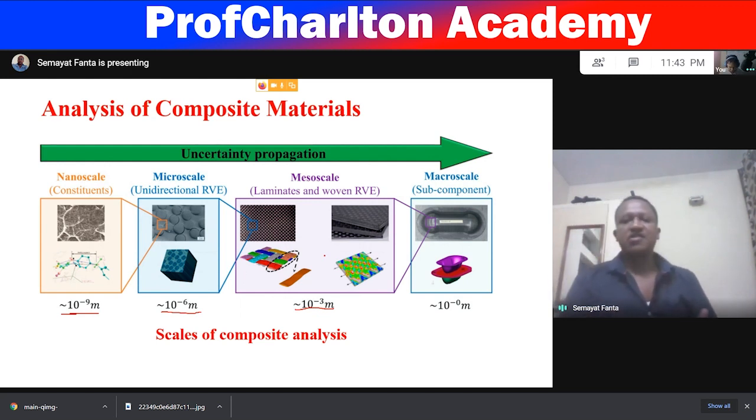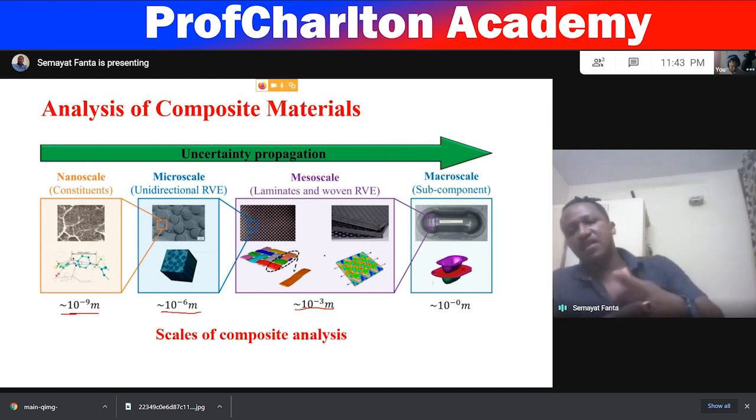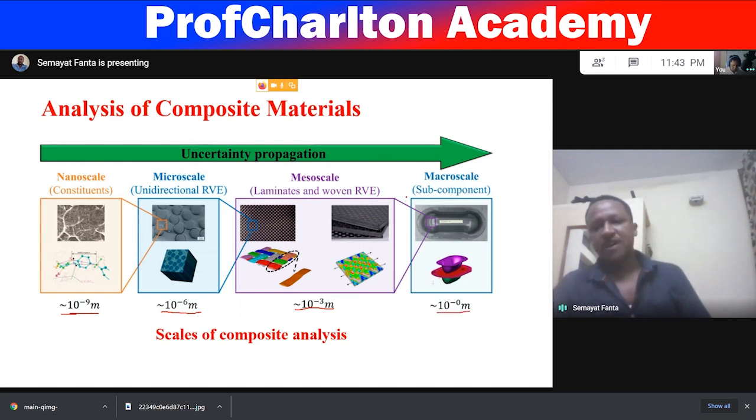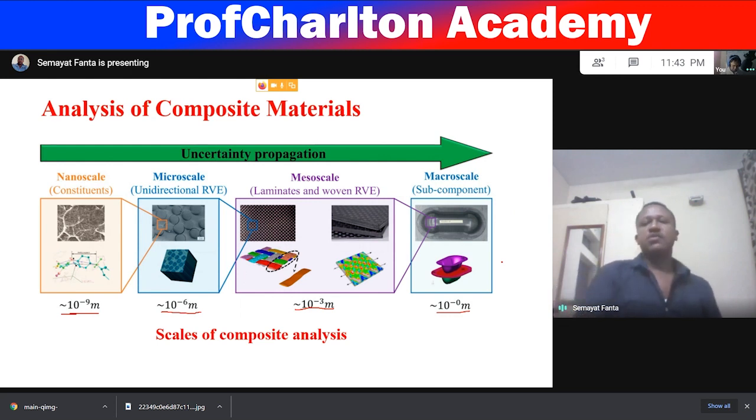Actually, there is a transition between nano to meso to macro, which is macro on the laminate level and macro on the structure level. So this is the structure level or macro scale. More huge structures are considered in the macro scale analysis. So this is the classification.